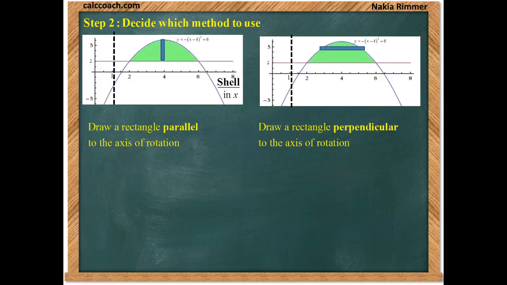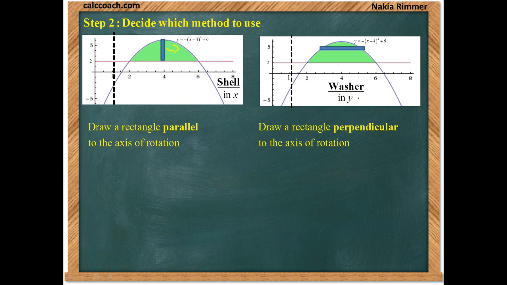And this one's going to be washer because of the gap between your region and your axis. With the one on the left here, we have an upright, vertical rectangle that's going to be moved to the left. So that's going to be in x, while this washer would be in y.